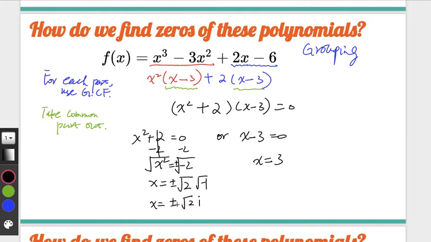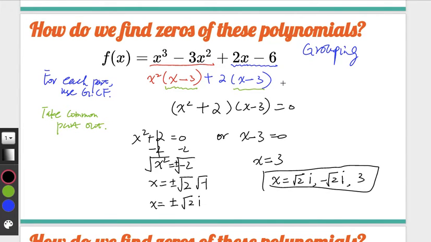You can put i in the front, you can put i in the back, same thing, but do not put i inside of the square root. So the three solutions we have here: x is square root 2 i, negative square root 2 i, and 3. These are our 3 zeros here, and this is the way we call grouping.